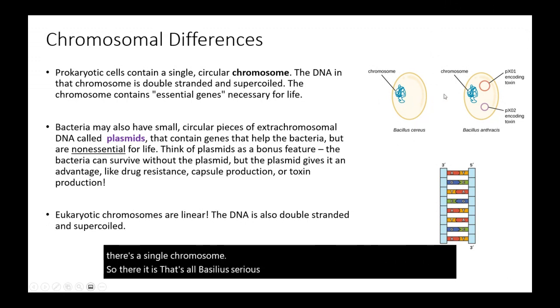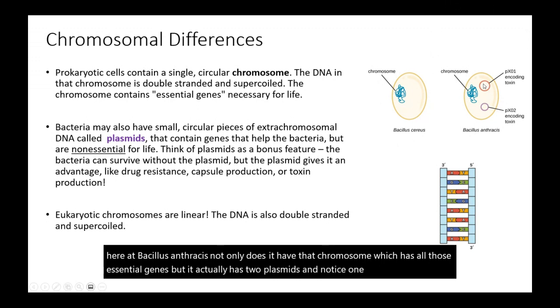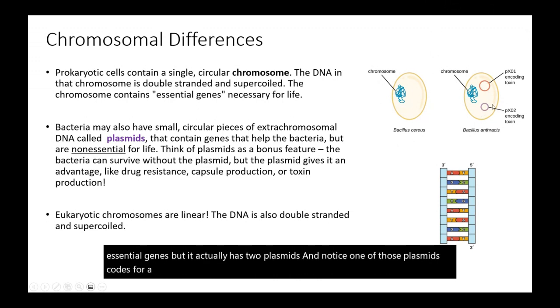But if you look over here at Bacillus anthracis, not only does it have that chromosome, which has all those essential genes, but it actually has 2 plasmids. And notice one of those plasmids codes for a toxin, and the second one codes for a different toxin. So Bacillus anthracis has a chromosome and 2 plasmids.